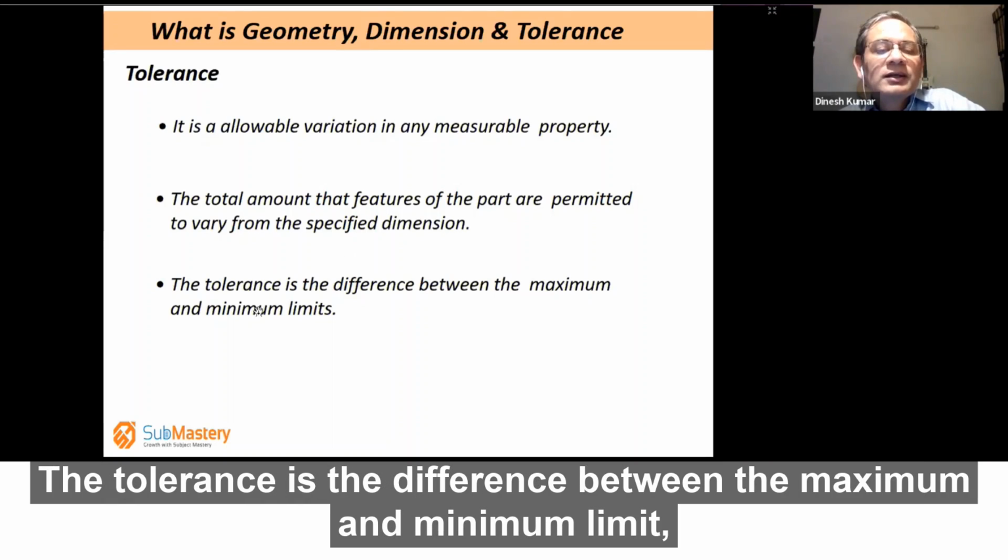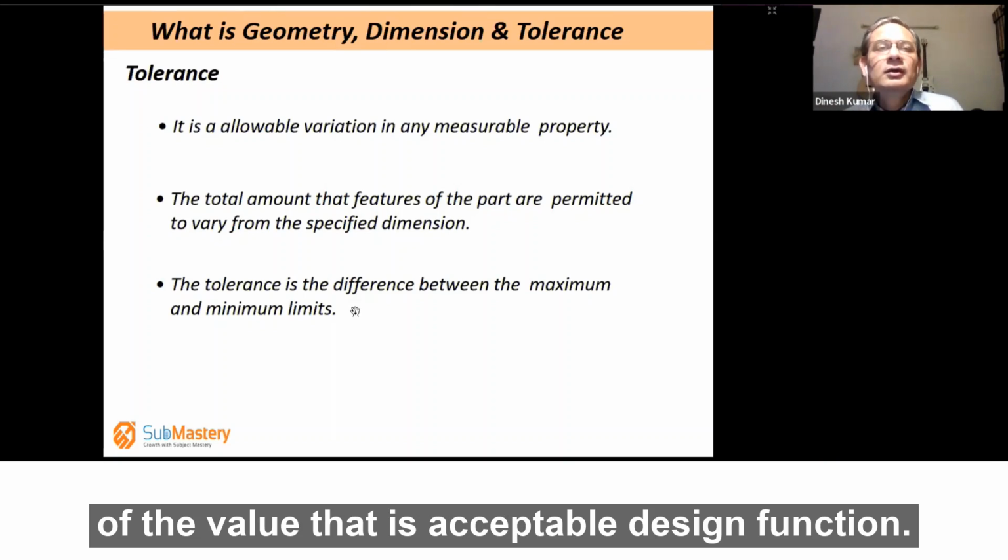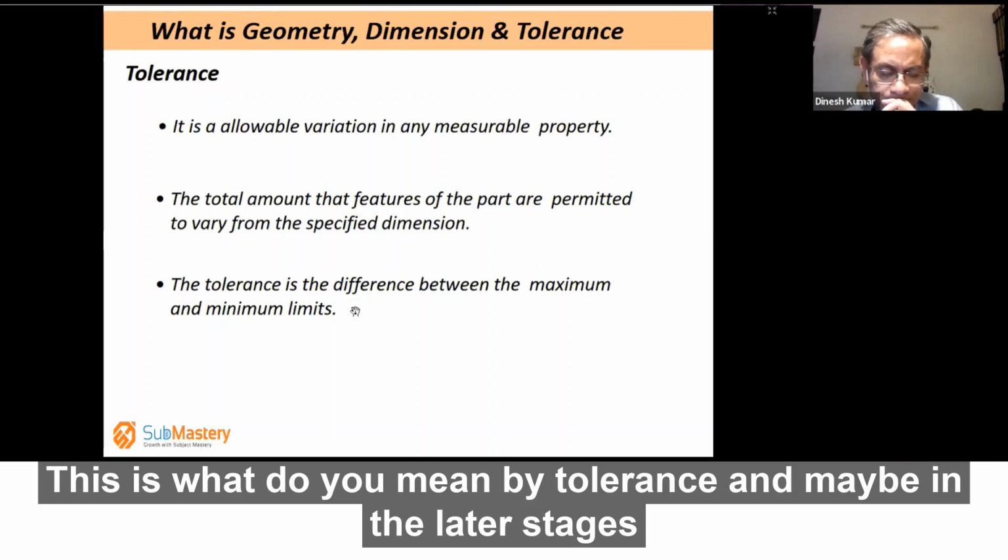An additional understanding of the tolerance is the difference between the maximum and the minimum limit. Of course, needless to say, there's a nominal and there's a lower limit and there's a higher limit. And the total range of the value that is acceptable as per the design function.